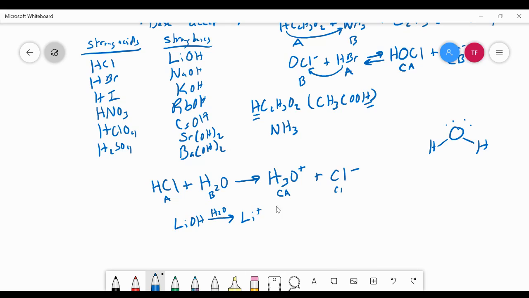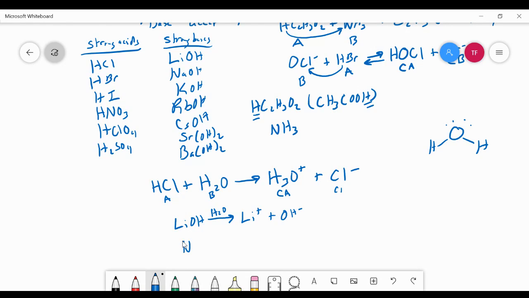The lithium ions will break apart and the hydroxide ions will break apart. And this happens 100%. Every single lithium hydroxide is going to split apart when placed in water. That's what makes it a strong base. Any of these strong bases would do the exact same thing. The hydroxides would come off of their positive cations. So with bases, if it's a strong base, the ions just dissociate.